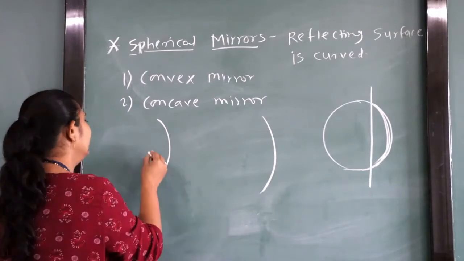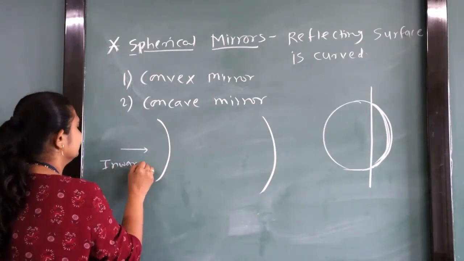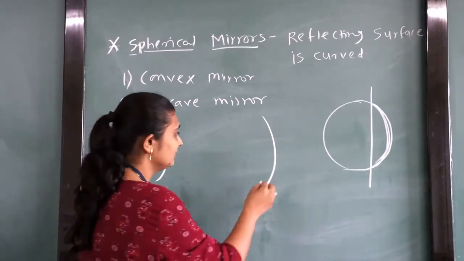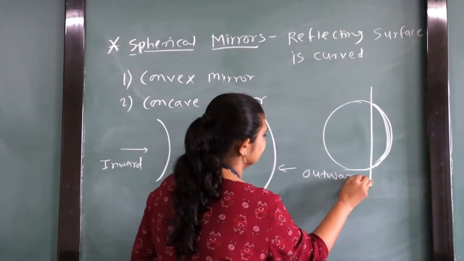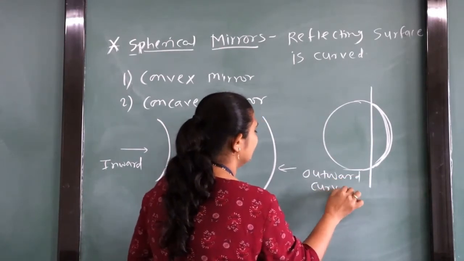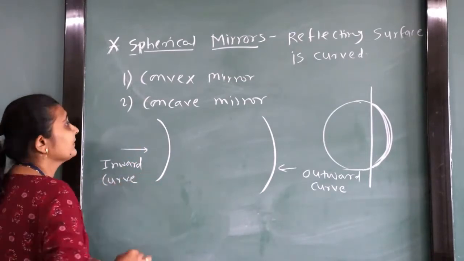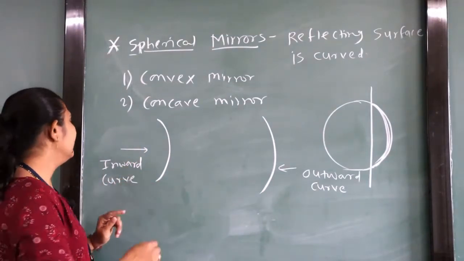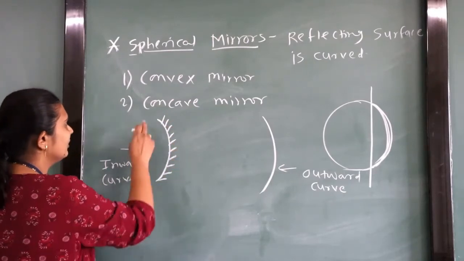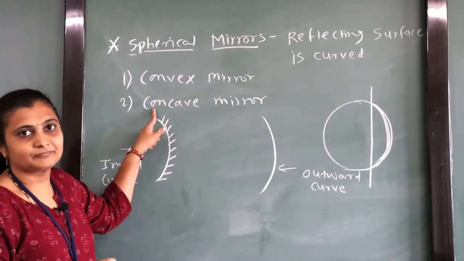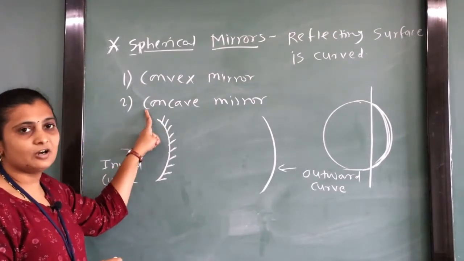This is called the inward surface, and this one is called the outward surface or outward curve. Now if the inward curve is made reflecting, then this is called the concave mirror.